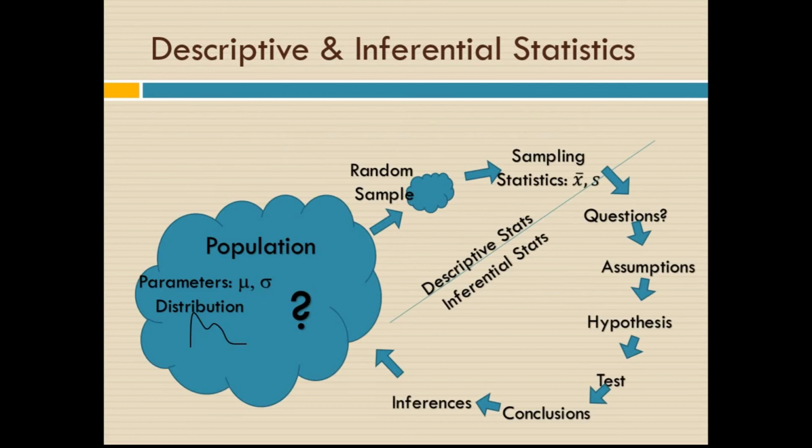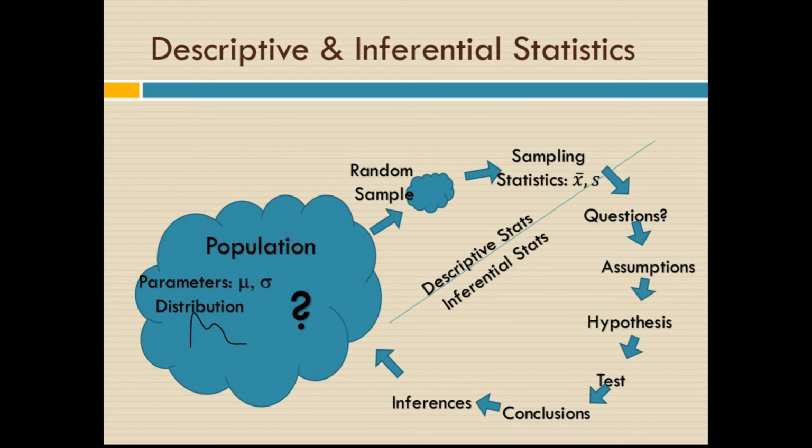Another way to think of this is with this picture, and there's this big cloud. It's not really a cloud; it's supposed to represent a population that is large, and we don't have time to measure everything in the population. Either we don't have time, or we don't have the resources, or it's just too big and we can't count everything in it. And there are certainly things about the population that we don't know about.